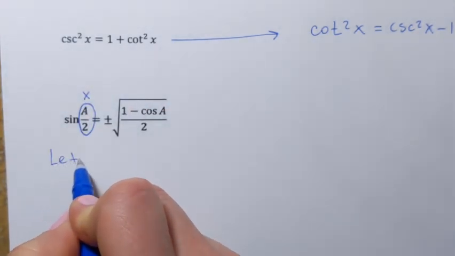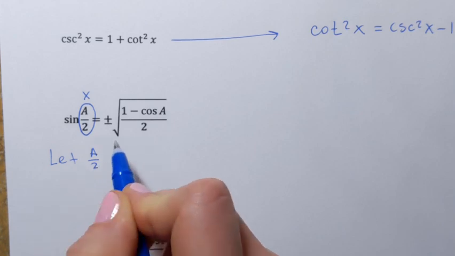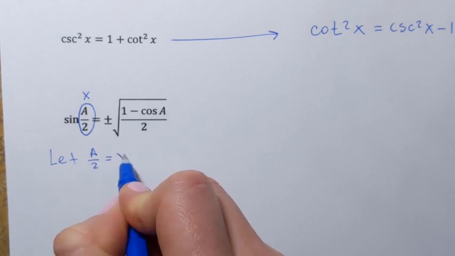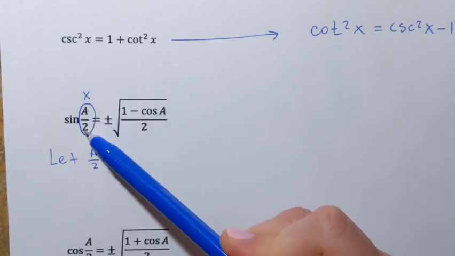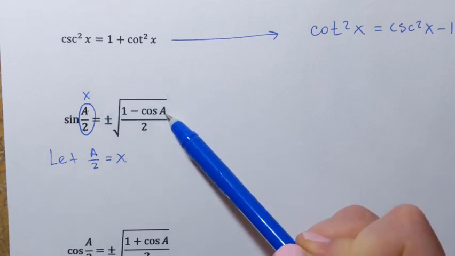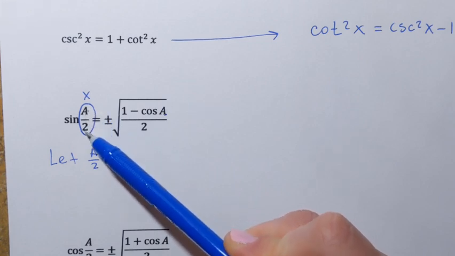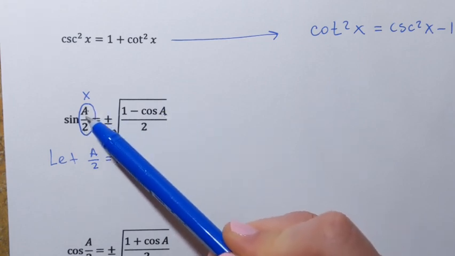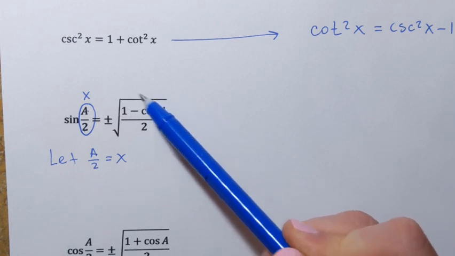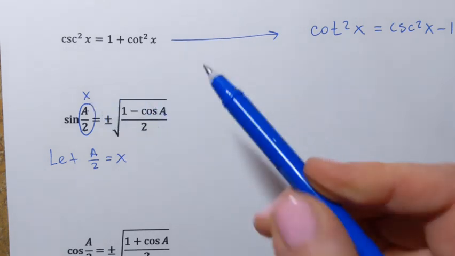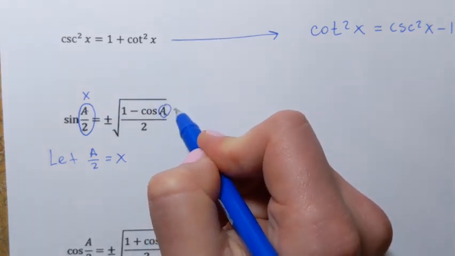So let a over 2 be equal x. Now, if a over 2 is x, then what is a? Well, a is twice bigger than a over 2. Well, if a is twice bigger than a over 2, it means that this value is twice bigger than x. Well, it means that it's 2x.